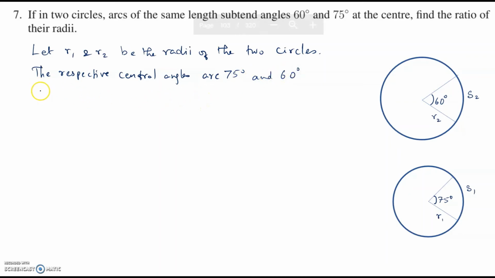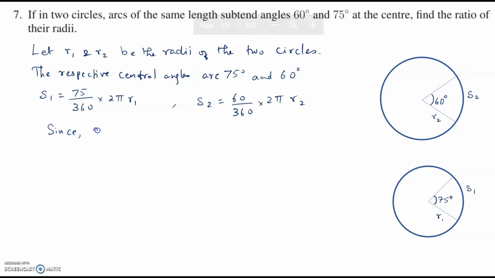Now our S1, which is the arc length, is equal to 75 divided by 360 into 2 pi R1, and our S2, which is the arc length of the second, is defined as 60 divided by 360 into 2 pi R2.